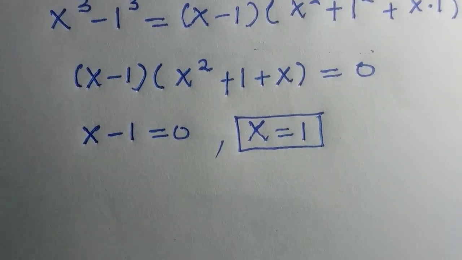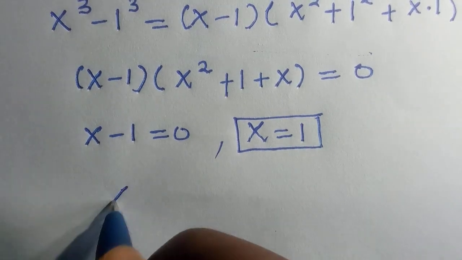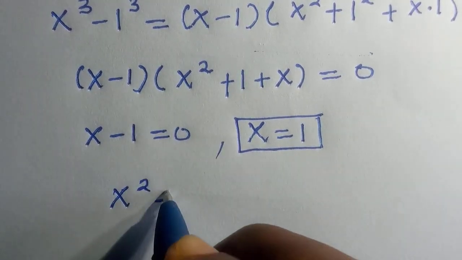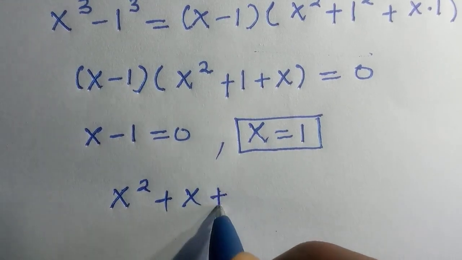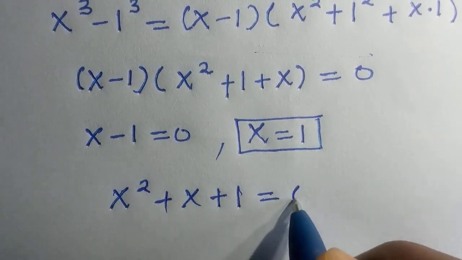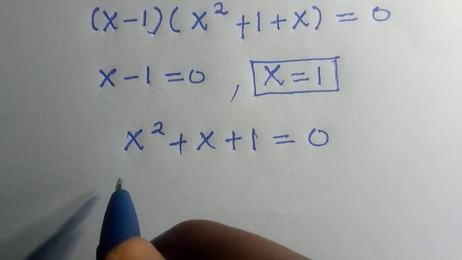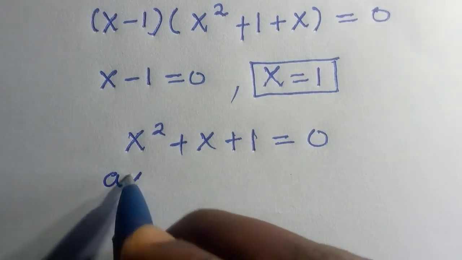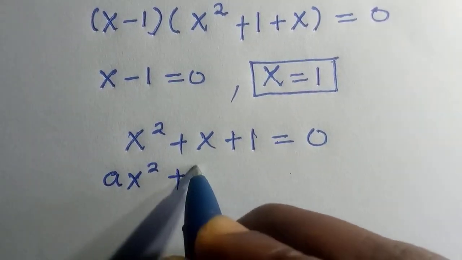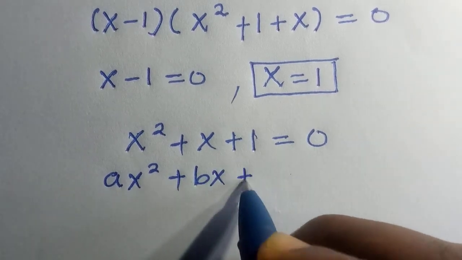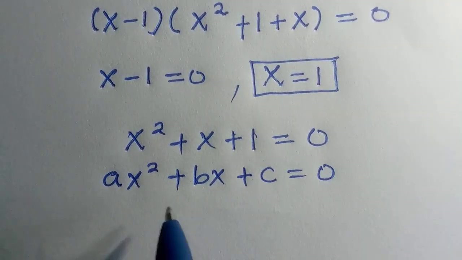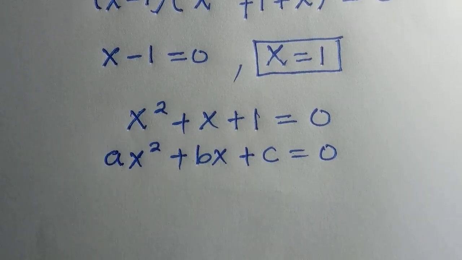For the other values, we consider x squared plus x plus 1 equals 0. Let's compare this with ax squared plus bx plus c equals 0, which is a quadratic equation.